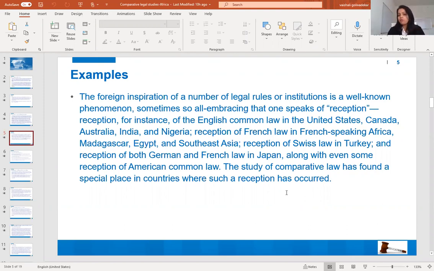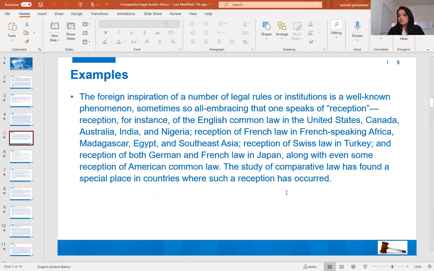Reception of French law in French-speaking Africa. So in a part of Africa, French law is still referred to or is a base for comparison. So reception of French law in French-speaking Africa, Madagascar, Egypt, and Southeast Asia.